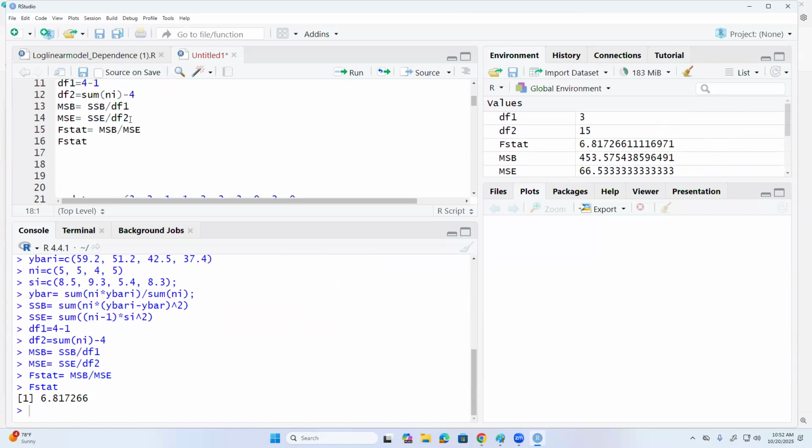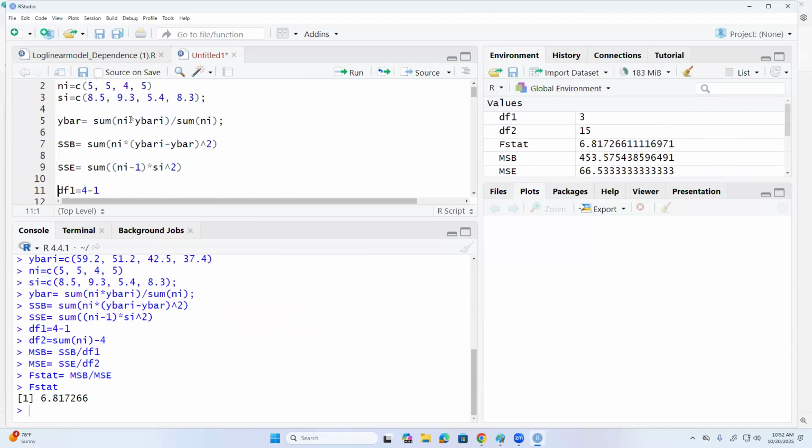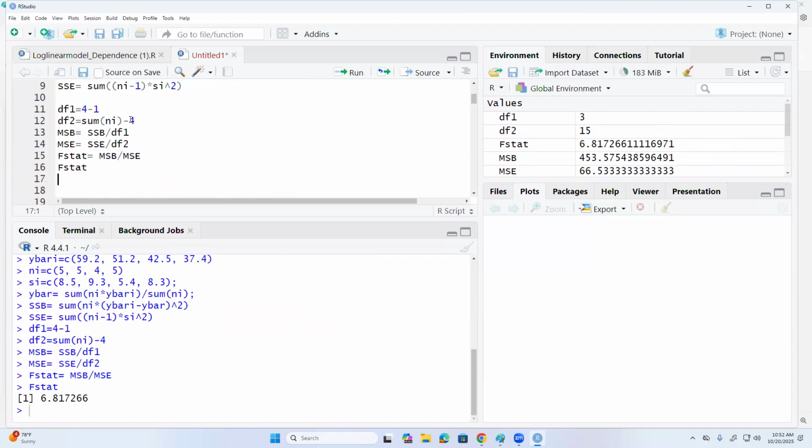Now let us calculate the p-value. The p-value is the probability that the F random variable is greater than this F statistic value. In R, generally, you get the lower tail area, not the upper tail area, but the p-value is the upper tail area.